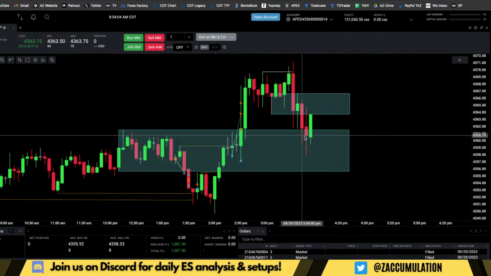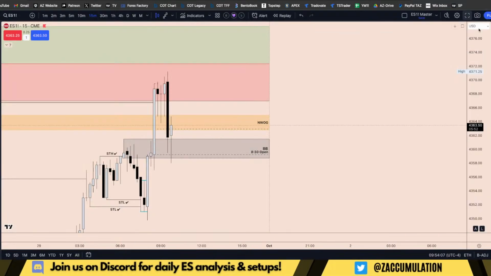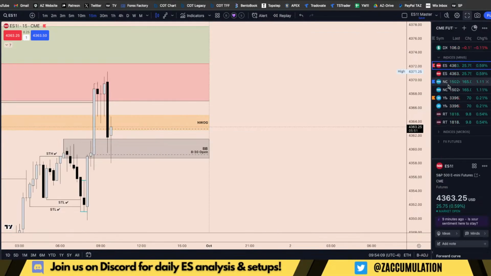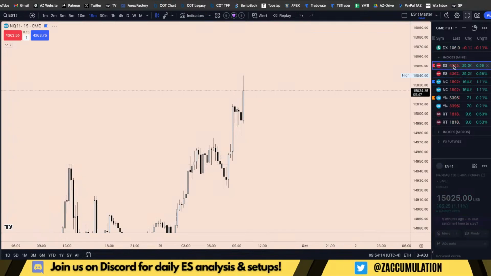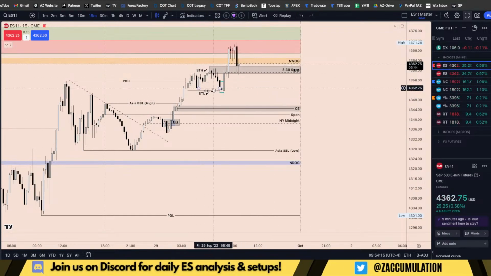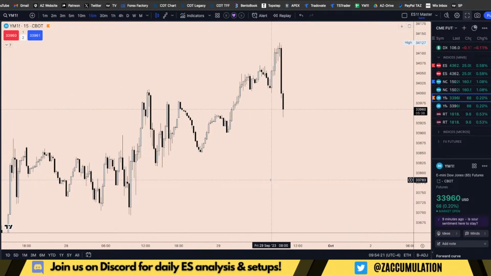Let's see. We're starting to get that bounce. NQ is pumping. So NQ is only going up, while ES is doing this. So it made that pullback back into the breaker block. YM is dumping. That's usually a good sign to not trade on this Friday.